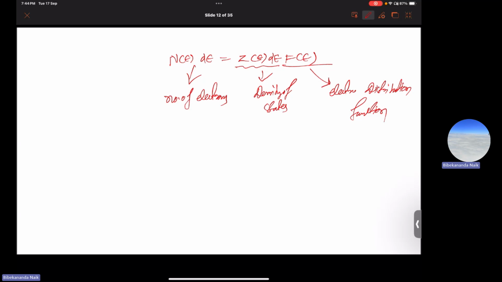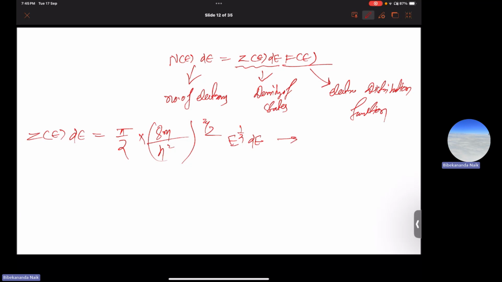The density of states in three dimensions, if you are following the lectures of the course, is given as Z(E)dE equals pi by 2 into (8m by h square) to the power 3 by 2 into E to the power half dE.